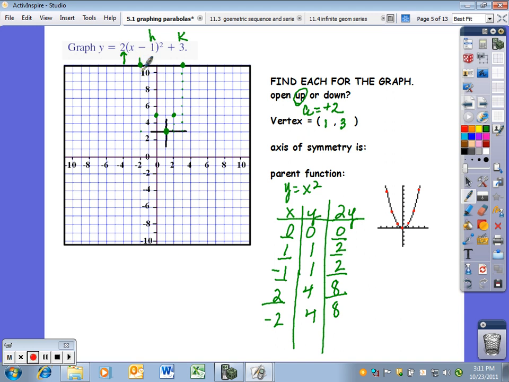And I should be able to graph my parabola. So what was our axis of symmetry? Our axis of symmetry was right here through x equals 1, which matches my vertex x value.